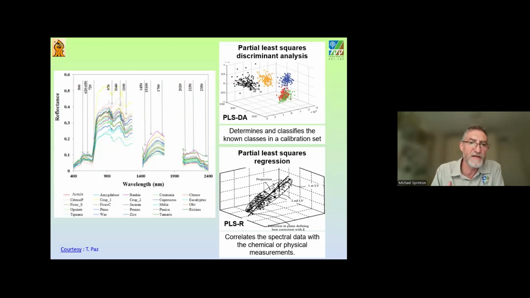So very high spectral resolution, many narrow bands in the visible to shortwave infrared part of the spectrum, and of course very high spatial resolution. We should be able to detect every tree or every small group of trees within the imagery. And this is a very complicated step, specifically in Mediterranean environments where stands are naturally very complicated.